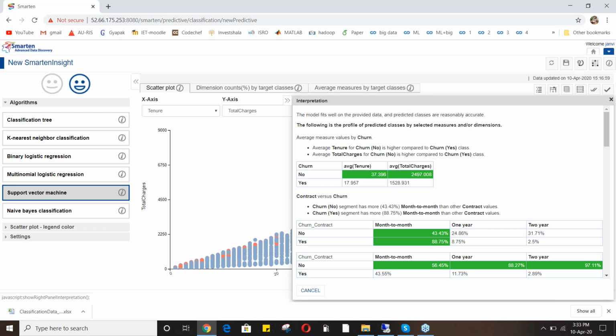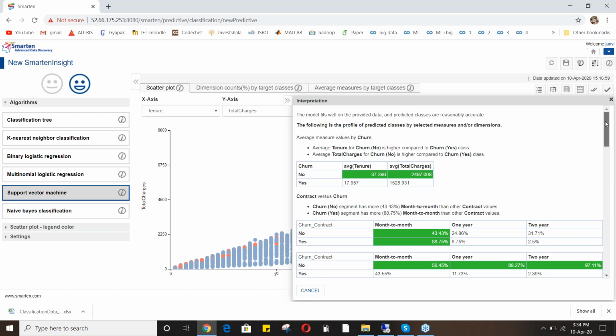At a broader level, you can see that it has picked up a pattern where, if the tenure is higher, the customer churn average tenure for customer churn is no. That means the customers who are not moving away have a higher tenure, and total charges are also higher. Total meaning whatever charges they have incurred so far.